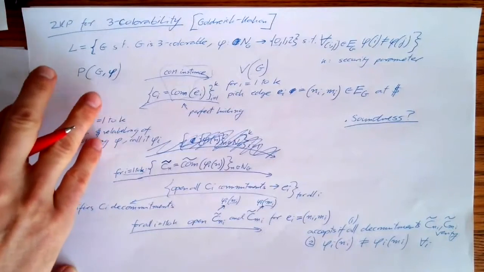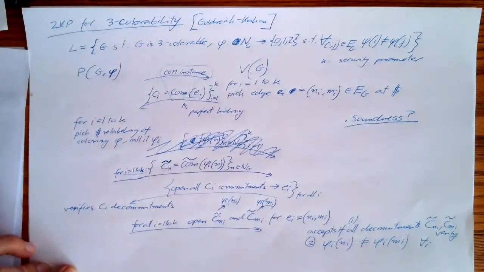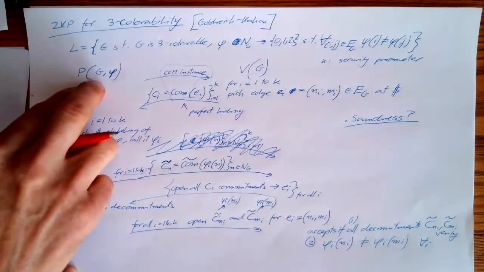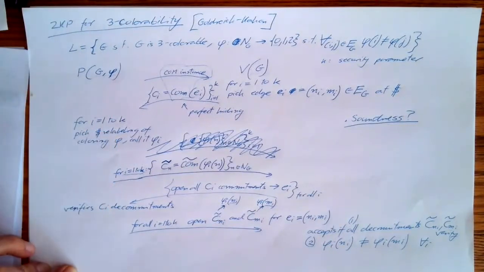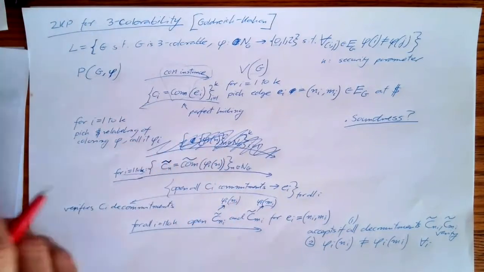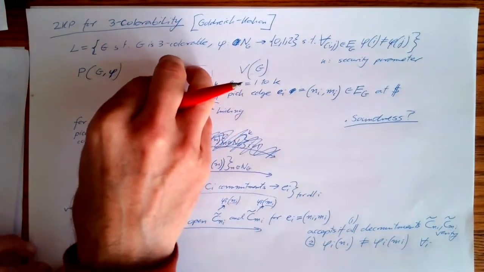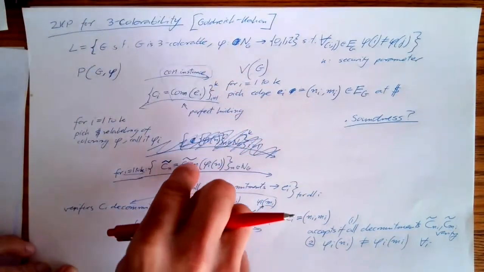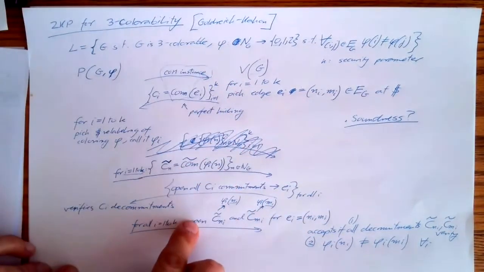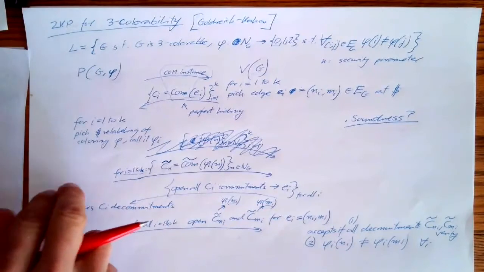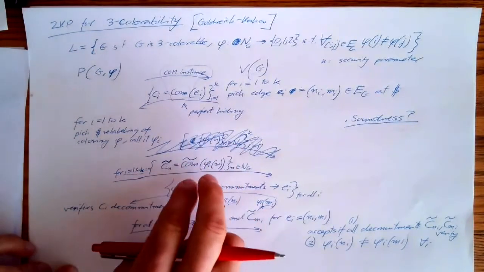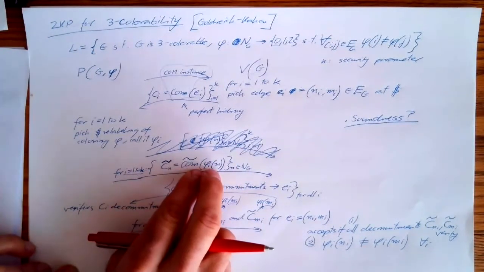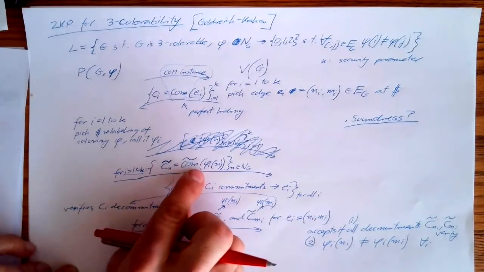Let's say the graph is not colorable. Then consider a single instance of this proof, forgetting the commitments for now. Let's just think of the 3-round proof where the prover commits to a relabeling of the coloring for every node.